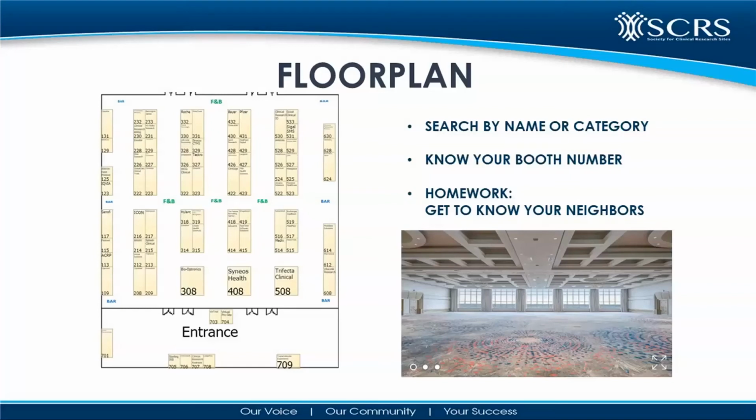Just in terms of helping your team, one thing that I find helpful for a team approach is obviously knowing your booth number. You can find this by simply going again to SiteSolutionSummit.com, clicking on the Exhibitor tab, and you'll see the floor plan there. It will drop down. You can search by exhibit number. You could search by alphabet or even category of business.